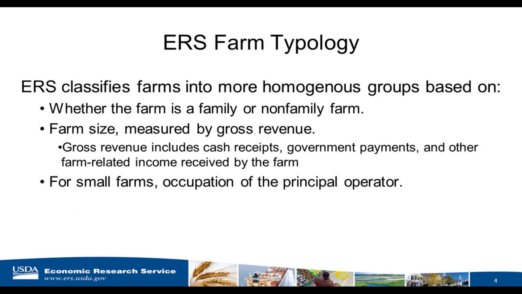And gross revenue is a measure of income received by the farm. This measure is a gross measure, so expenses are not netted out. And then for our classification of small farms, we break it out further depending on what the principal operator declares as their major occupation. So now we'll go over our exact ERS farm typology.